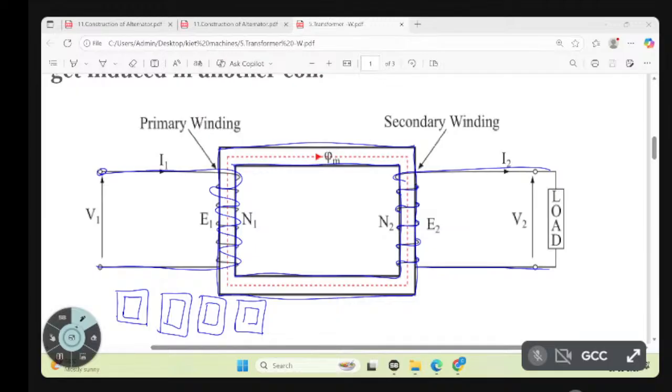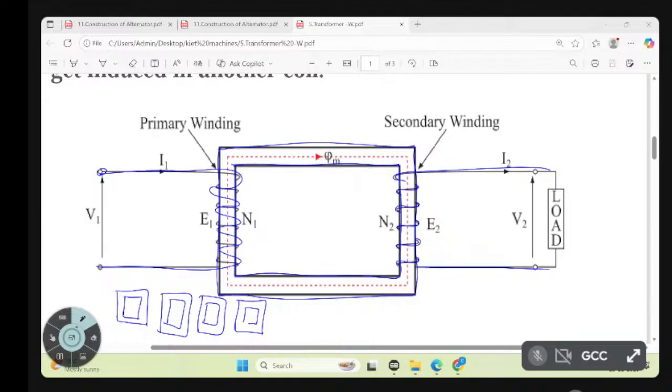Now, how can you define transformer? Is there any rotating part in the transformer? No rotating part. In the DC generator, rotor will rotate. In the alternator, rotor will rotate. In DC motor, rotor will rotate. In induction motor, rotor will rotate. But here, is there any rotating part?